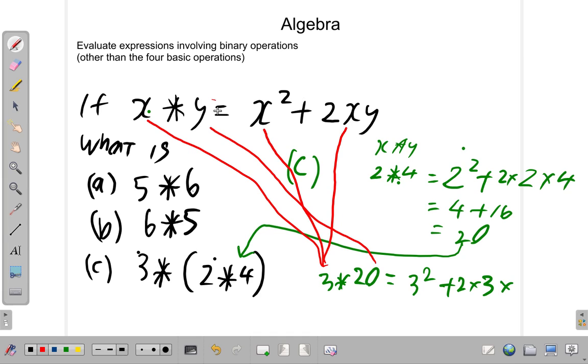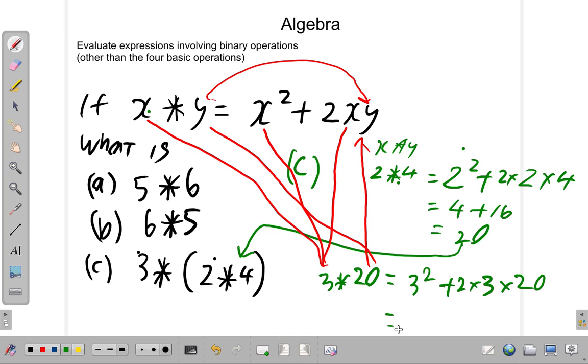Since y was in this position, 20 is in this position and it will end up just like the y. So we have 2 by 3, 2 by x, 2 by 3 by y, which is by 20. You see that?